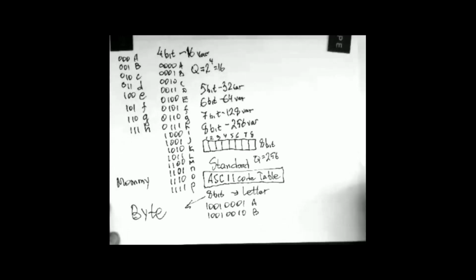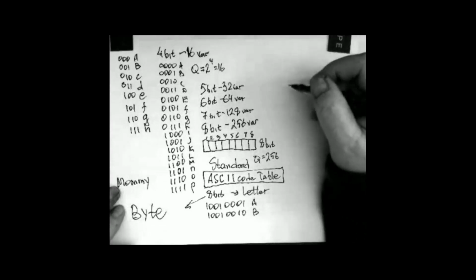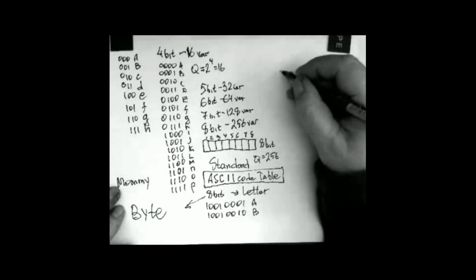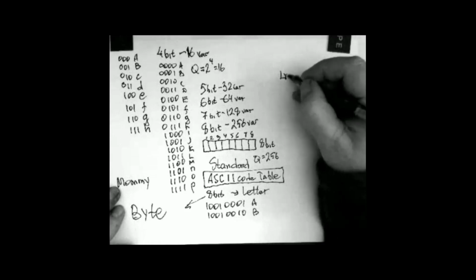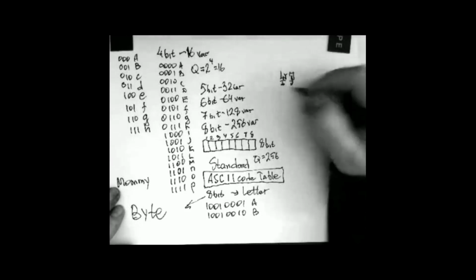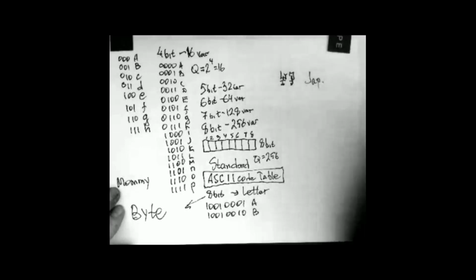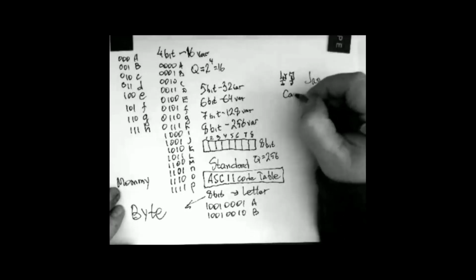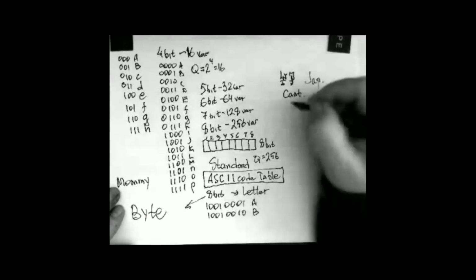But folks, 256 sometimes is not enough. I can tell you that there are many languages on the planet Earth. There's a language that I can show you this way. What is the language? Chinese. The different one is Japanese. The different one is Cantonese. The different one is Hebrew.